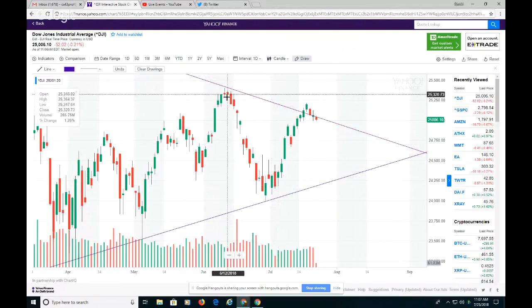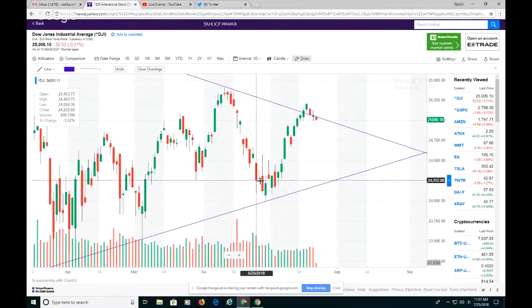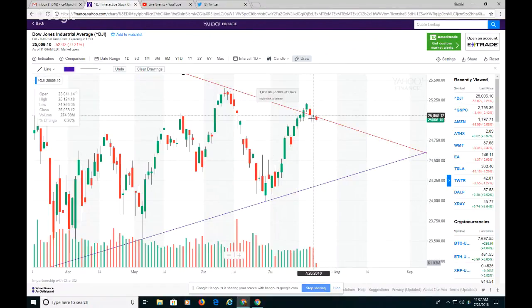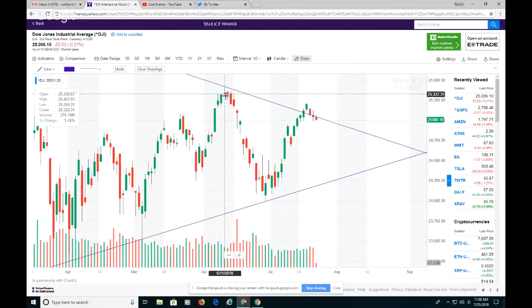Also, we have a head and shoulders forming. Left shoulder here, left neckline here, head here, right neckline here, and a very high right shoulder. So such a high right shoulder might make you more inclined to call it a double top. In my mind, there's not much difference between a head and shoulders pattern like this and a double top.